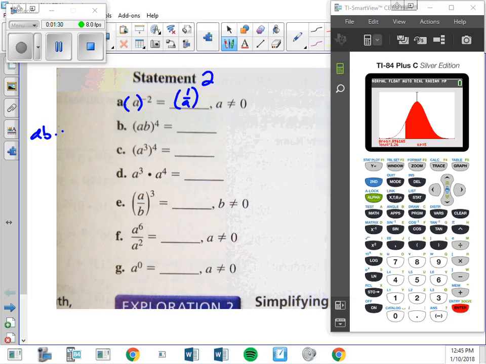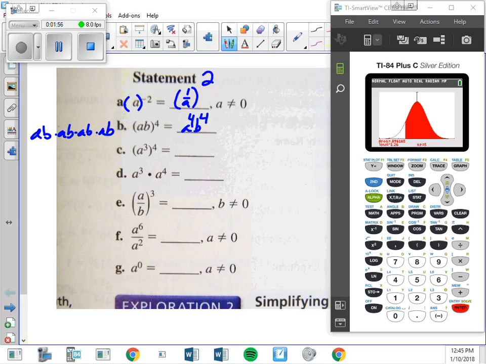So AB times AB times AB times AB. When I put all those together, what do I get? I started with AB to the 4th, but separately they would be A to the 4th, B to the 4th. So this is A to the 4th, B to the 4th. Yep, that would be power of a product.